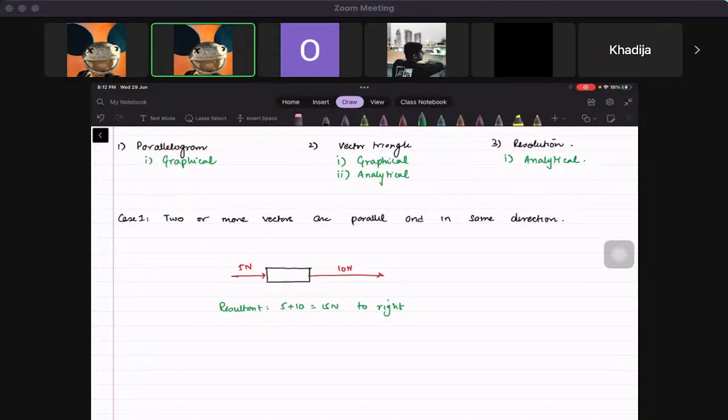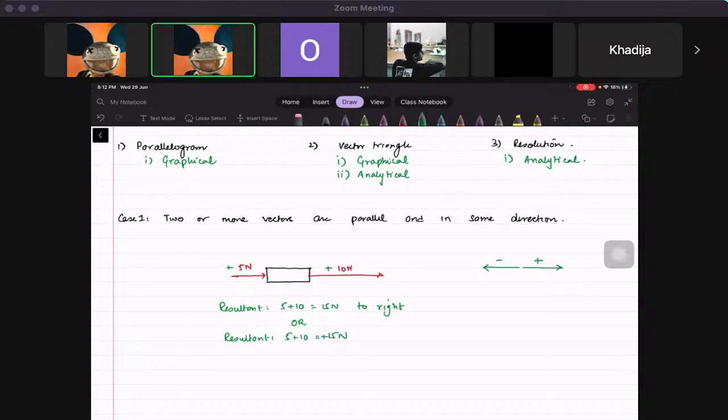Another way is that you say, okay, I'm going to take all the vectors which are towards the right as positive and all the vectors towards the left as negative. So you could just put positive signs because they're towards the right. So you can also write, if you've defined it, 5 plus 10 equals 15 newtons positive.